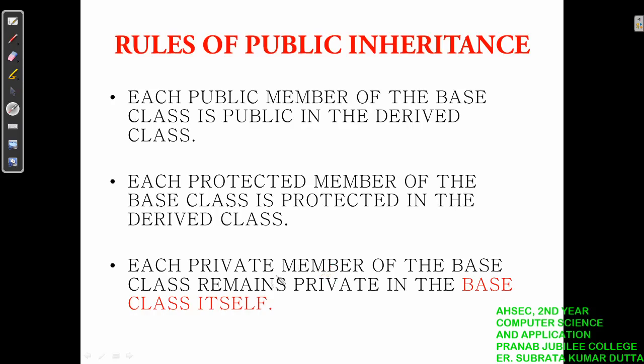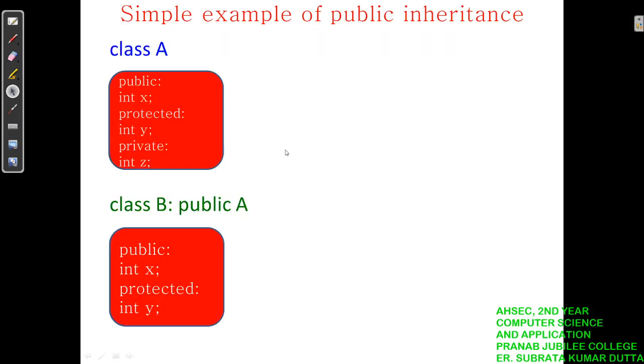That's why members declared private in the base class remain private in the base class itself. They are not inherited in the derived class. So let's see a diagrammatic view. This example will help you very much.